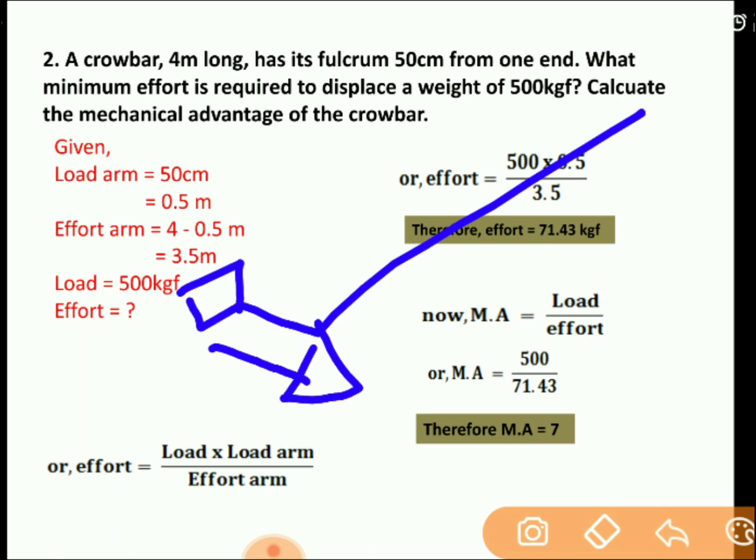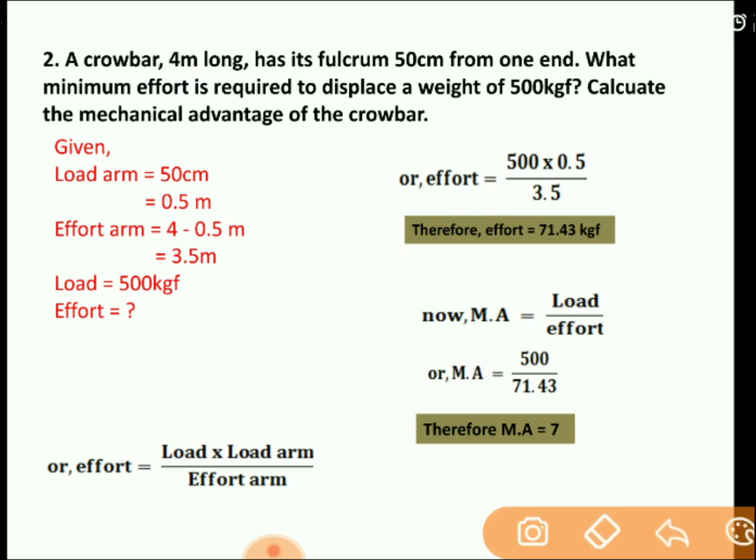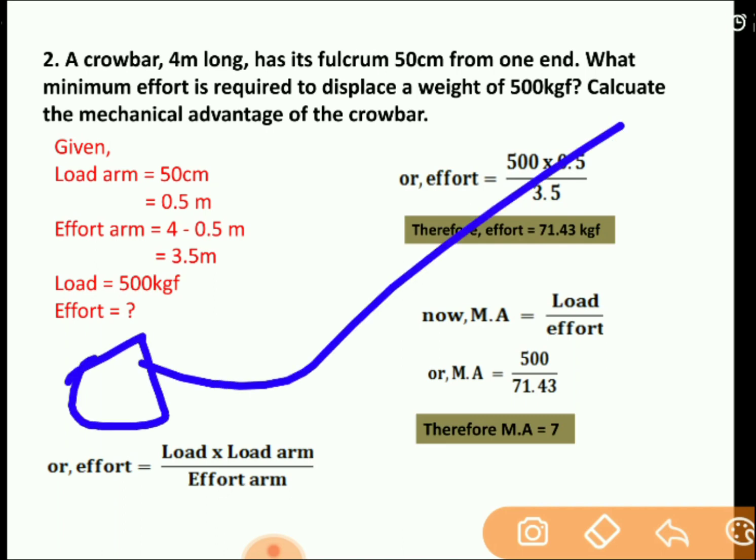I want to write this in meter because the total length is given in meter, so my load arm will become 50 centimeter equals 0.5 meter. Don't forget what the load arm is. If this is the load and this is the fulcrum, from load to the fulcrum is the load arm.